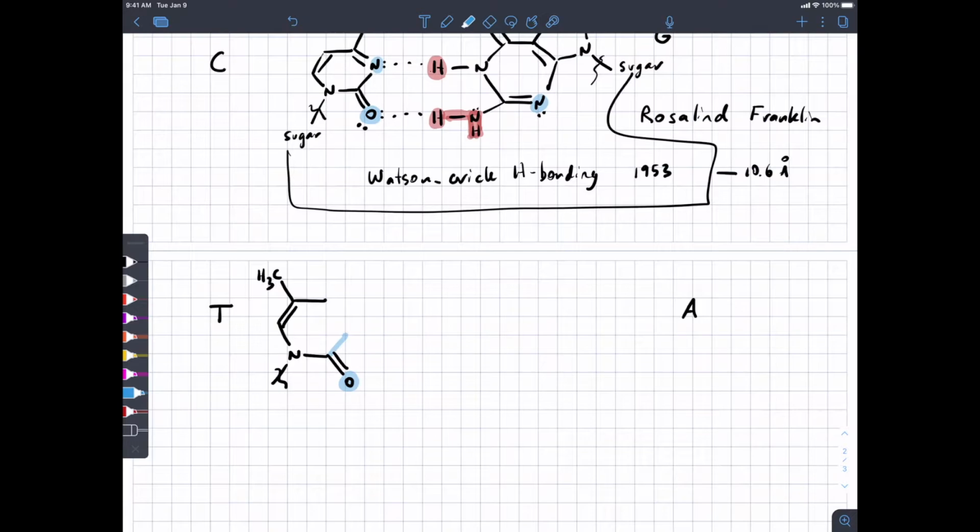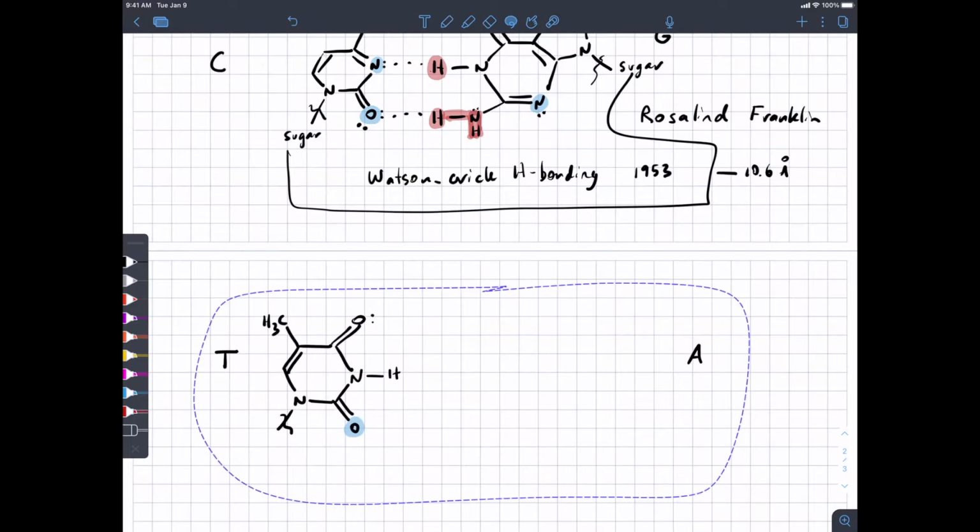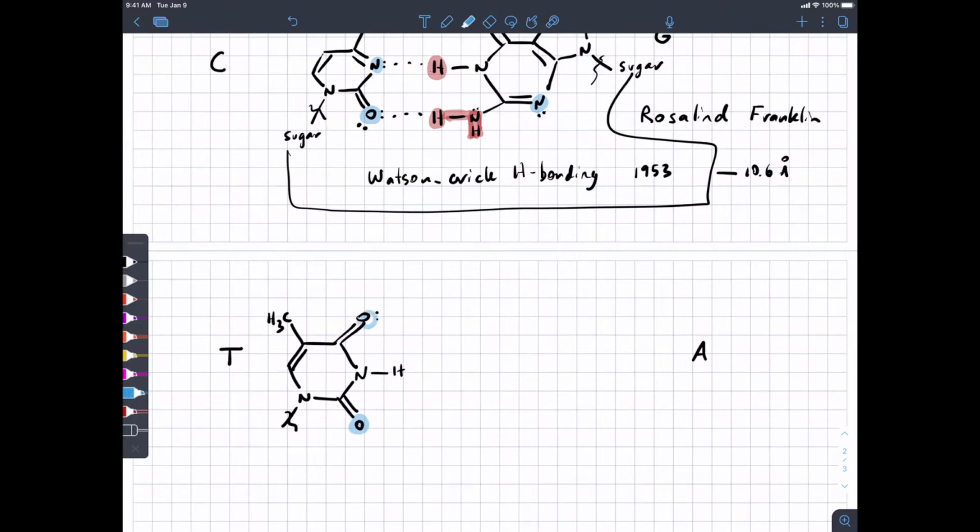And then you have an NH bond here, and then another carbonyl oxygen here that participate in the hydrogen bonding. So the ones that are going to be involved in Watson-Crick hydrogen bonding are right here. Sorry, I'm the wrong color of red.